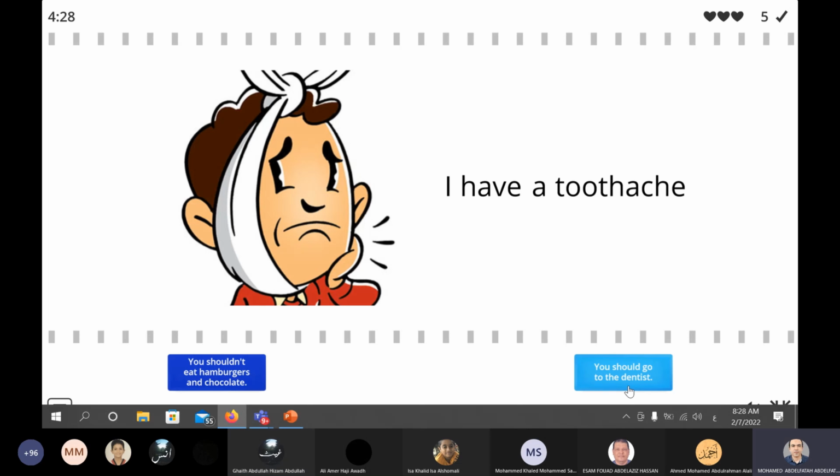When you are sick, you go to the doctor. But when you have got a problem with your teeth, you do not go to the doctor, but you go to the dentist. The dentist is a special doctor who treats your teeth.